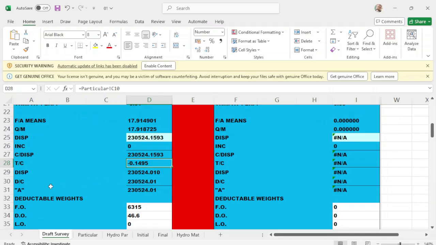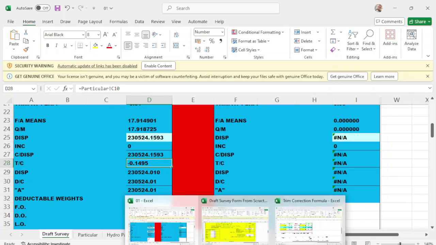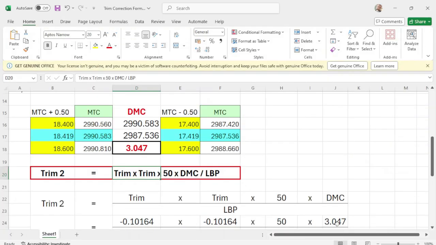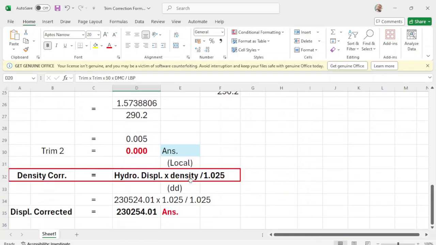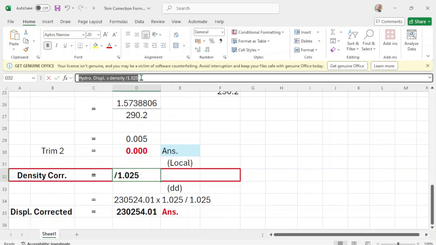So we have to apply the density correction. After applying the TPC, then you get the displacement, then you apply your density correction. Okay. What is the formula for density correction? Density correction is this one.